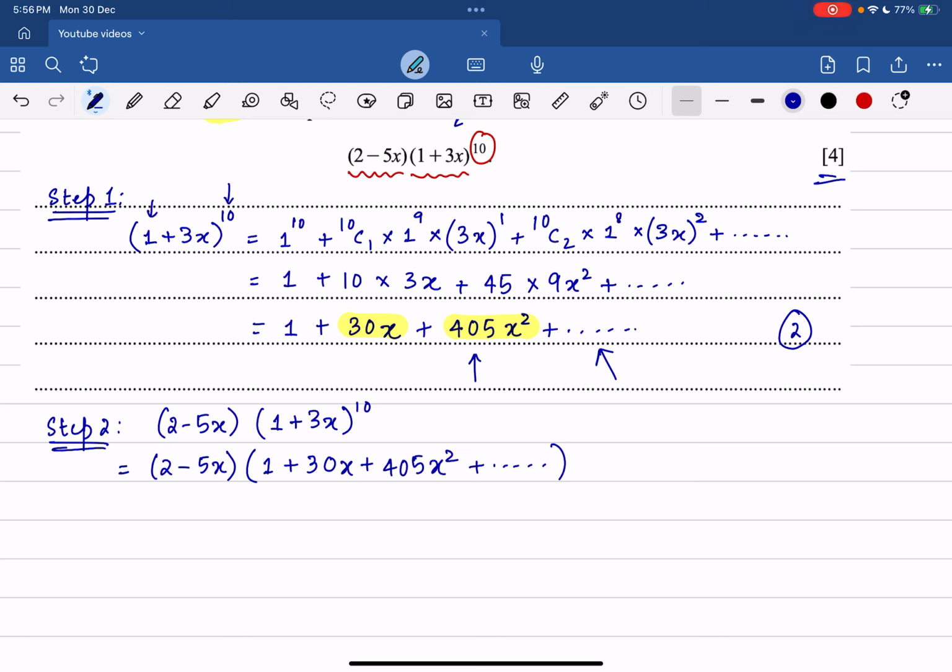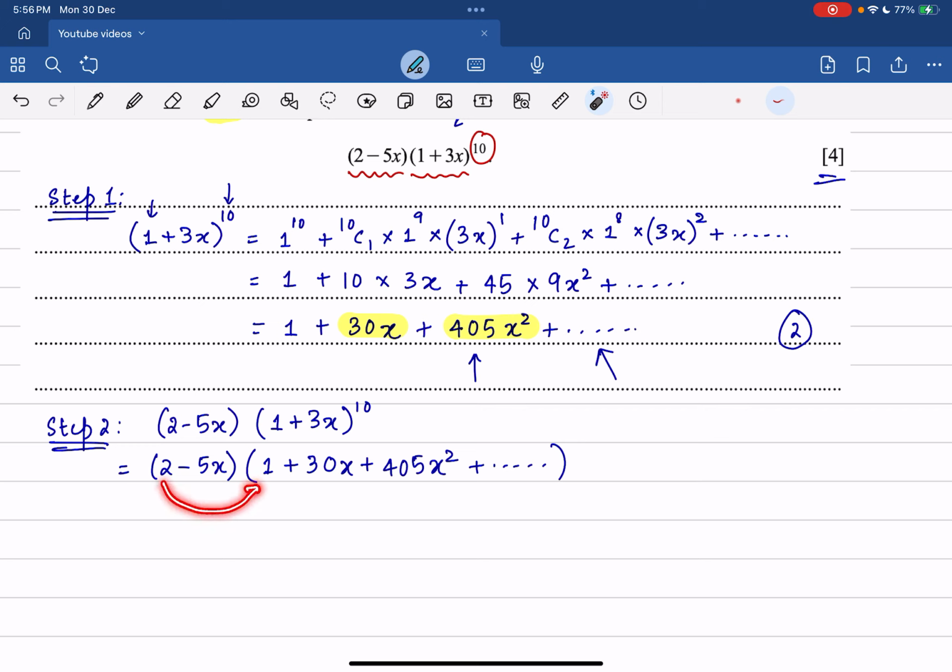Okay, now let us understand one logic over here. What we generally do in expansion is we multiply this with each and every term inside the bracket, then we multiply this with each and every term inside the bracket. Now what my concern is that if I multiply this with this, am I going to get anything with respect to x square?